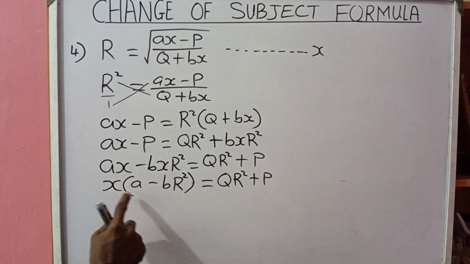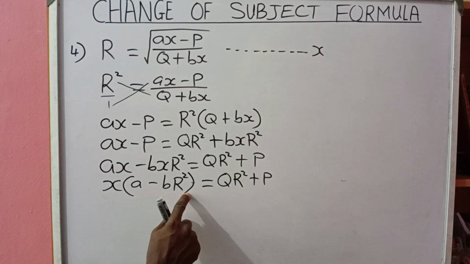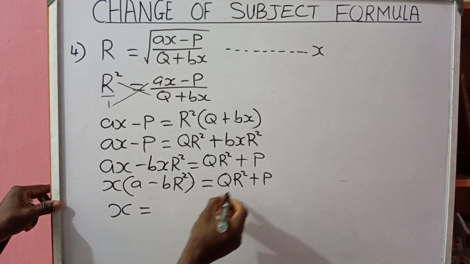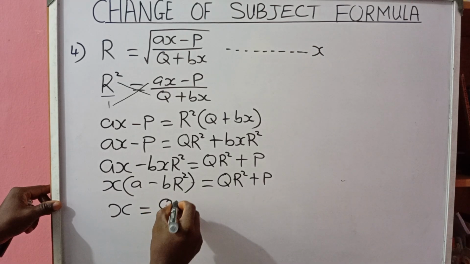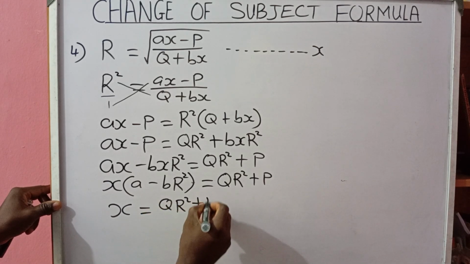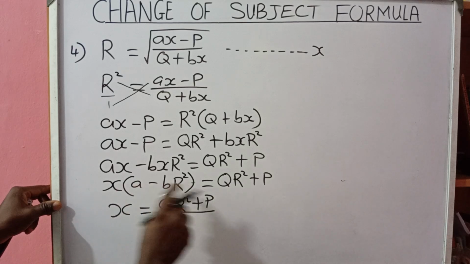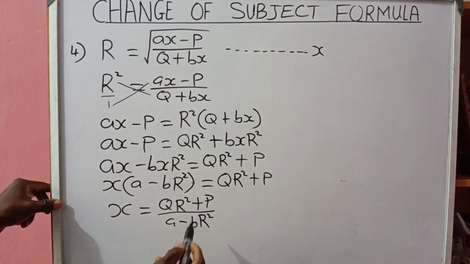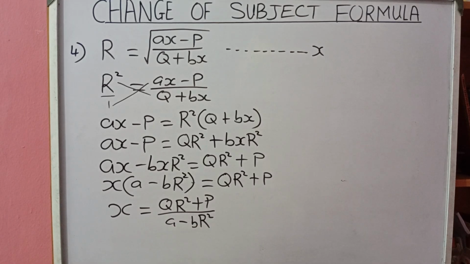And the coefficient of x here is the entire bracket that we have here. So that will now give us x is now equal to q r squared plus p over a minus b r squared. So this becomes the solution to this question.